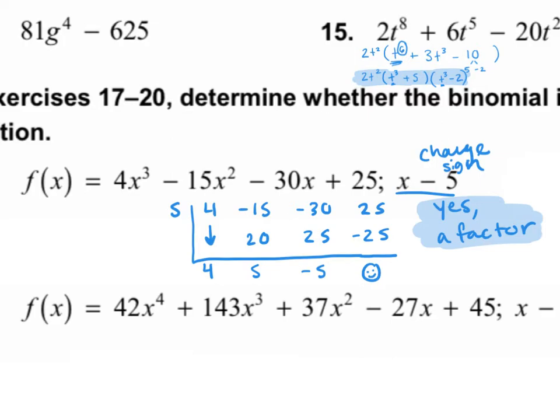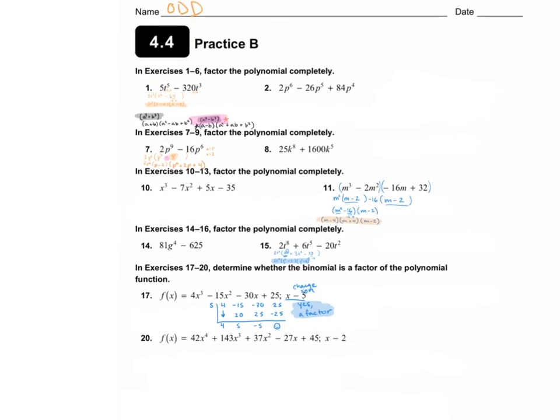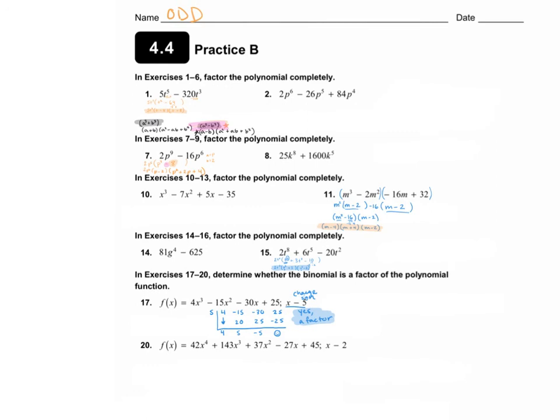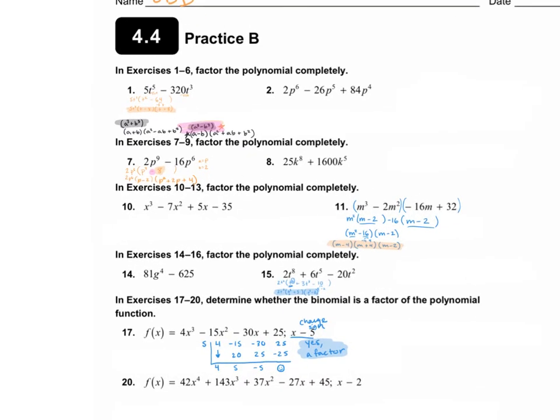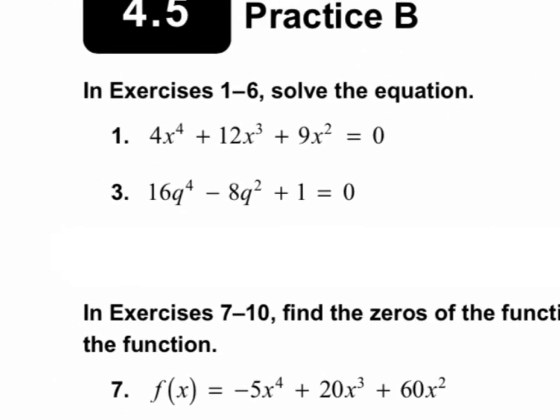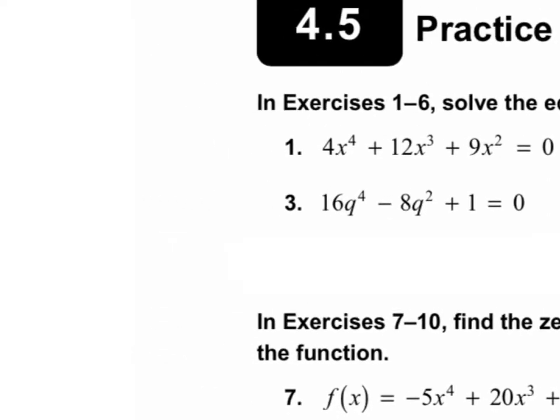All right, any questions on 4.4? All right, let's go to 4.5. Number 1, we need to solve. So what should we do first to solve?